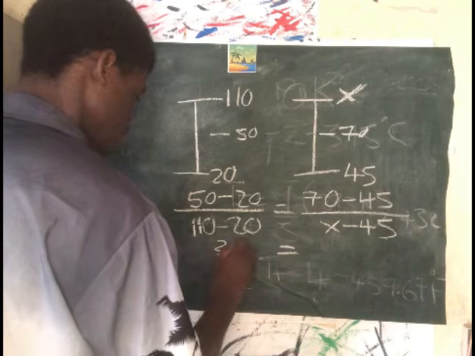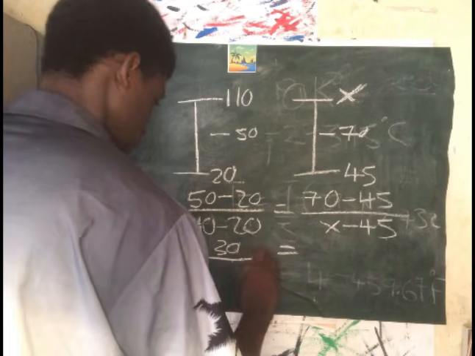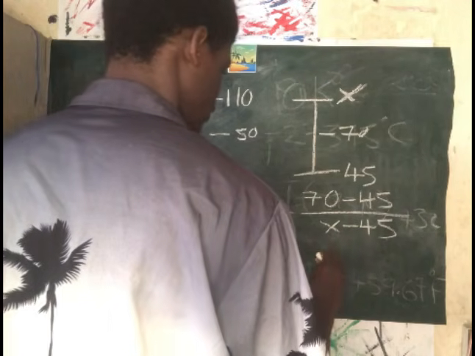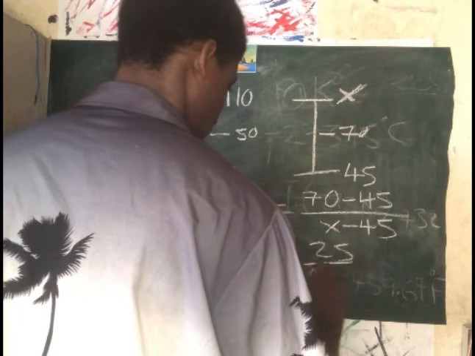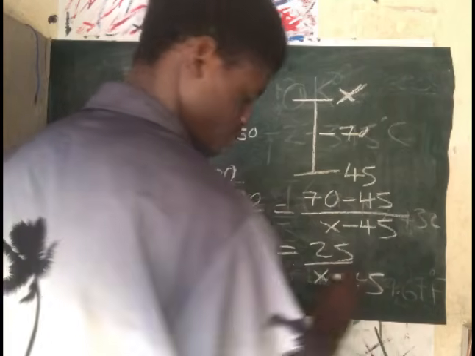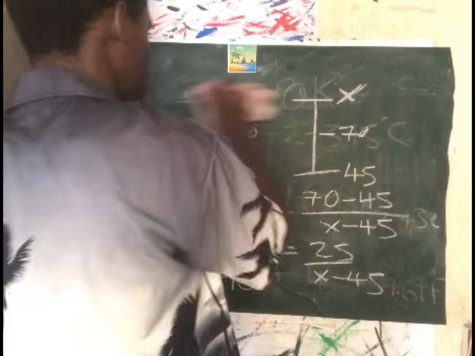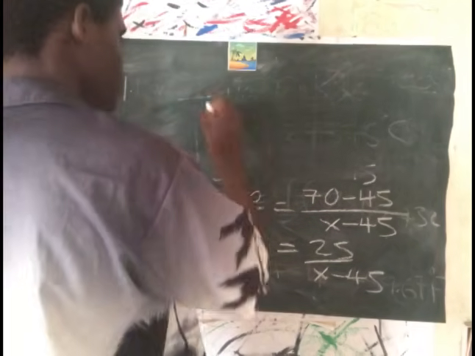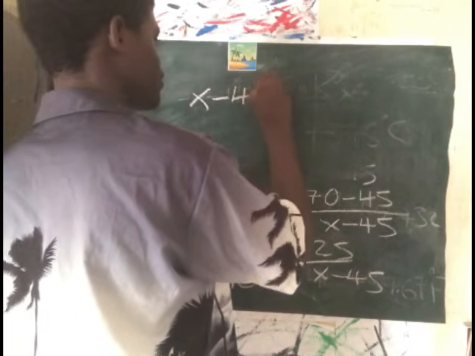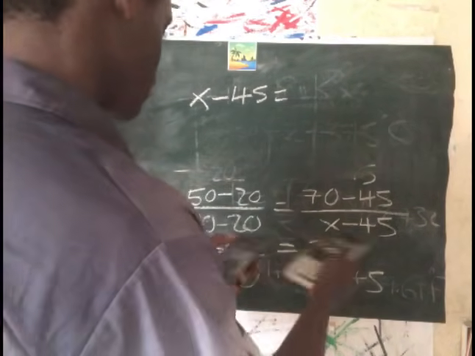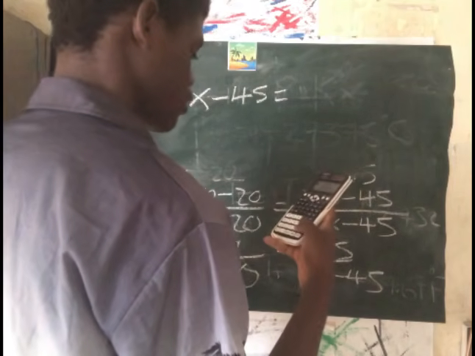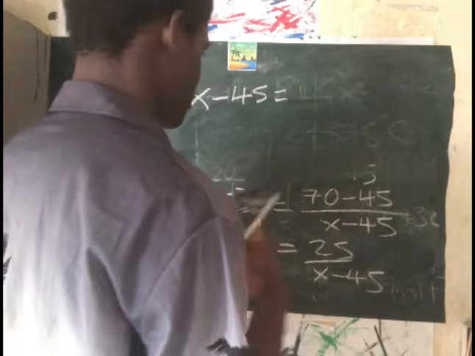So let's simplify that. This one will be 30 over 90. Because 70 minus 45 is 25, it is 25 over x minus 45. If we cross multiply, x minus 45 is equal to 90 times 25 divided by 30, that will be 75.